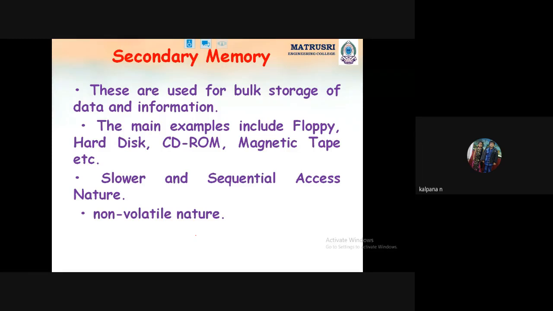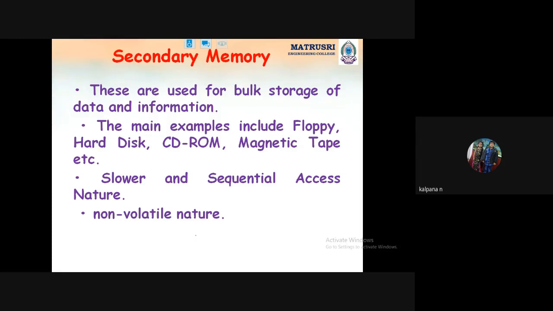So memory is classified into how many types? Mainly two types, primary and secondary. Under primary, the examples are RAM, ROM. Under secondary, hard disk, CD drive, DVD drive, magnetic tape, pen drives, and these are non-volatile.